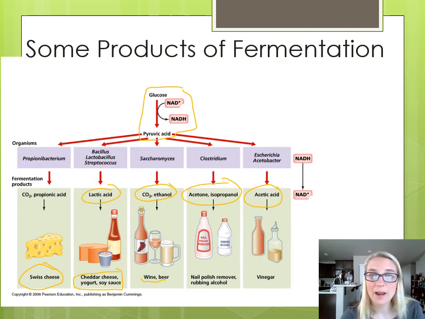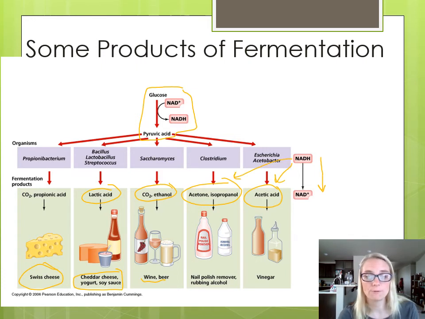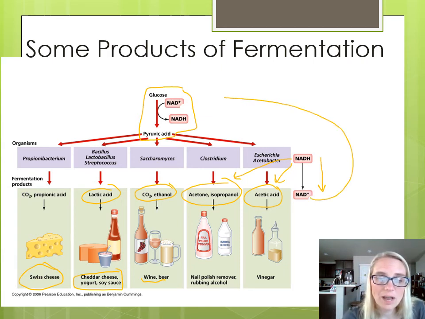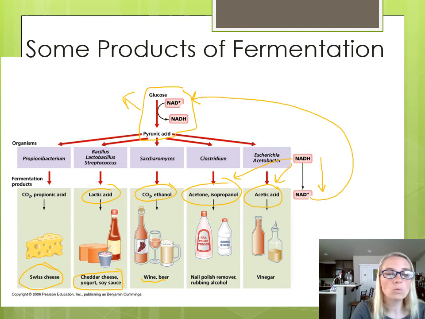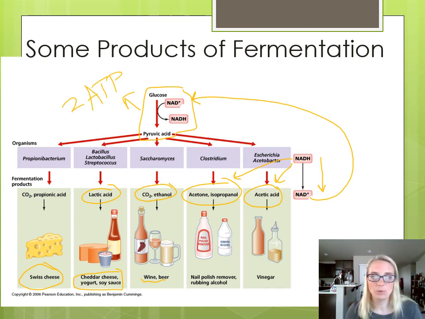And again, if we're tracking those NADHs, the electrons that were gained here are actually going to all of those products of fermentation, and we make more NAD plus. Well, is that important? Well, sure it is, because take a look. That NAD plus has to come back around here so the cell can continue to do glycolysis, because this is the only part of fermentation that we make ATP.